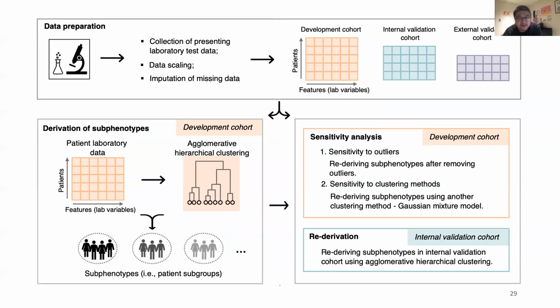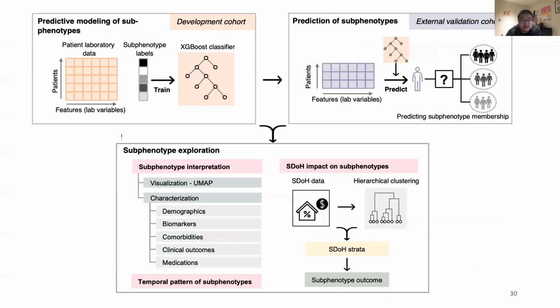We also performed some sensitivity analysis by removing outliers or changing to different methods, and we have tested hierarchical agglomerative clustering and Gaussian mixture model, and we validated them on both the internal validation and external validation cohorts.